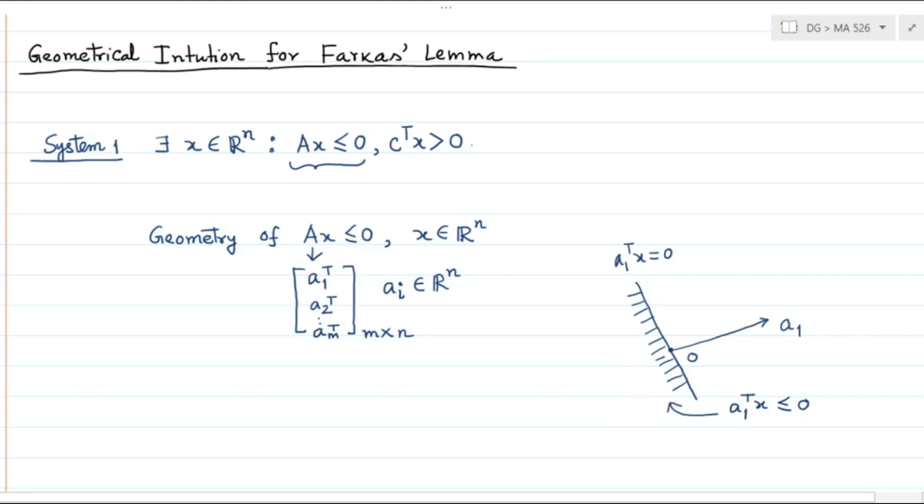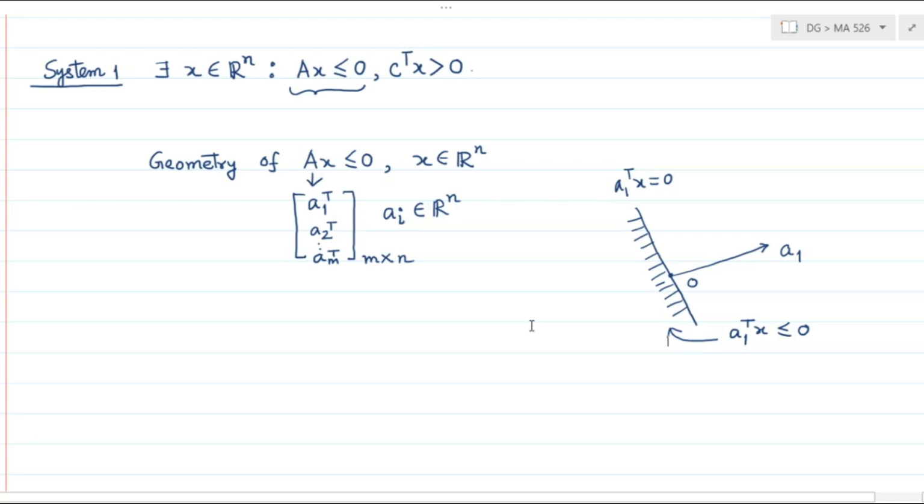Now if we have another vector A2, let me draw with a different color. A2 is in this direction. Then A2 transpose x equal to 0 will be perpendicular to A2, and this red shaded region is the region for A2 transpose x less than or equal to 0.